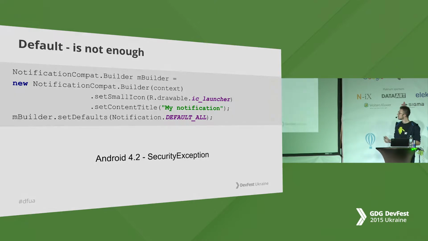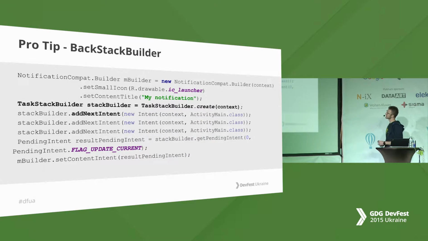And yeah. Okay, so the second pro tip is the backstack builder. Basically, in many apps, developers don't realize how important the backstack is for the user. There are quite a few apps that don't care about the backstack in notifications at all. For example, in the Meetup application, meetup.com for group events, there is a comment section.